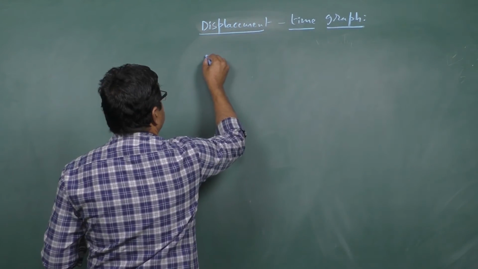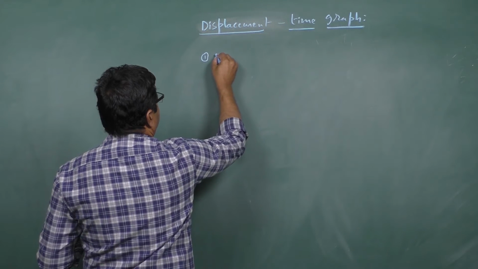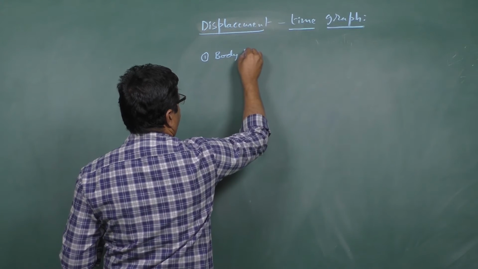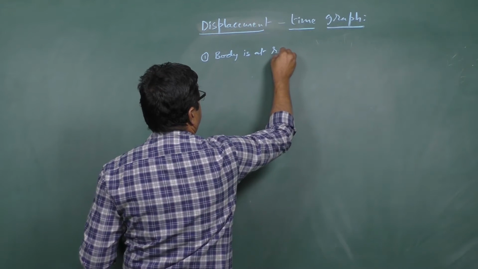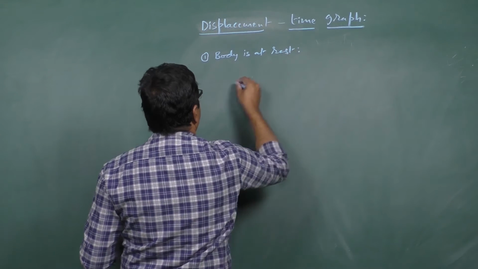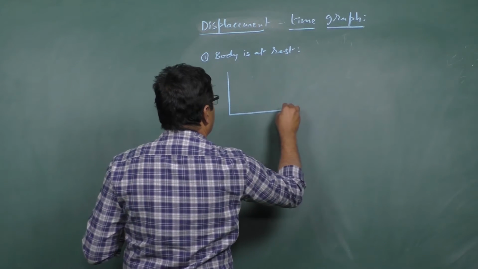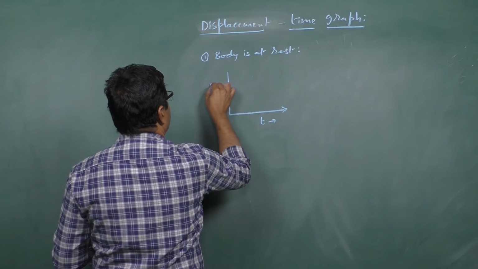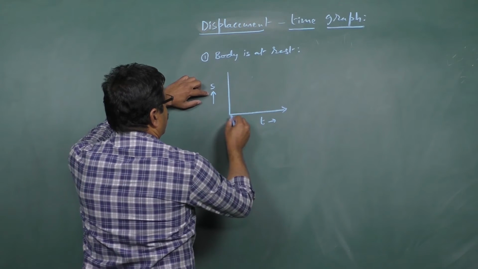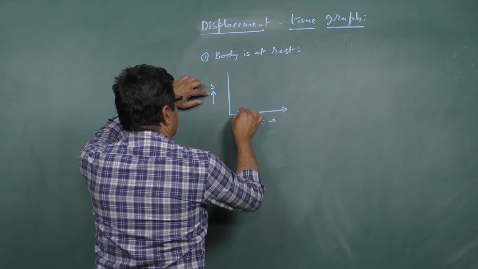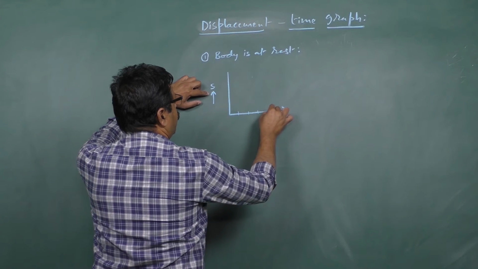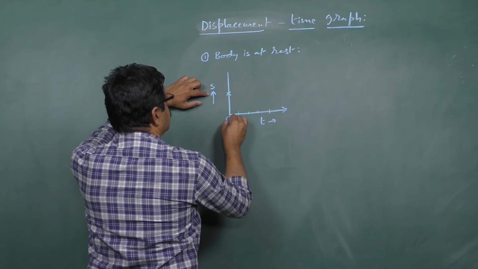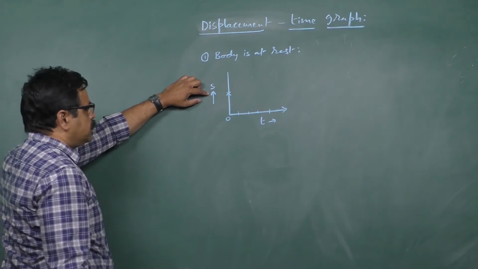Here the first condition we are looking at is when the body is at rest. Whenever you are taking time on x-axis and displacement on y-axis, as the time goes on, at different intervals of time, the body remains at the same position as that of the initial time instant of the body.